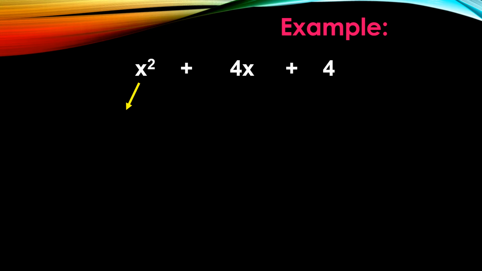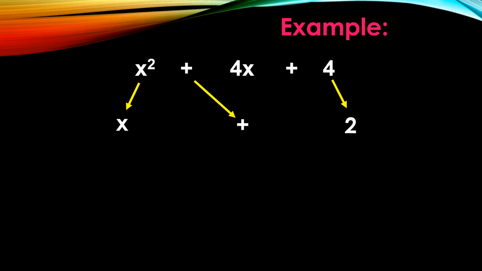According to step number 1, get the square root of the first term. And that is square root of x squared, which is equal to x. And step number 2, get the square root of the last term. Our last term is 4, and the square root of 4 is 2. And step number 3, copy the operation from the middle term, and that is positive.